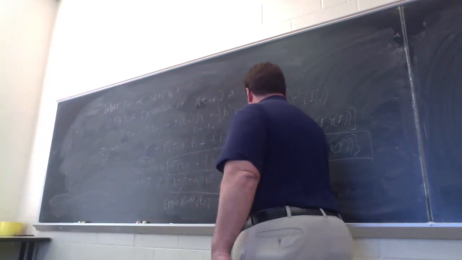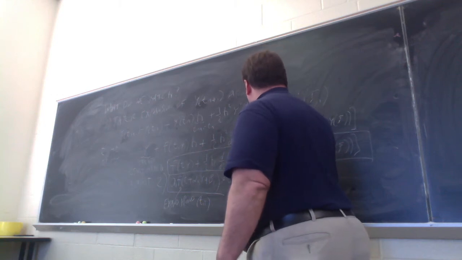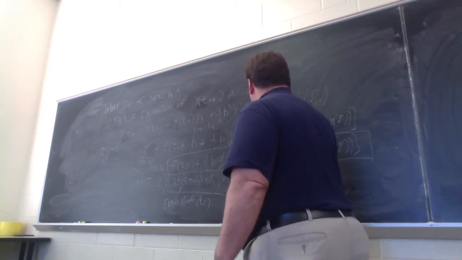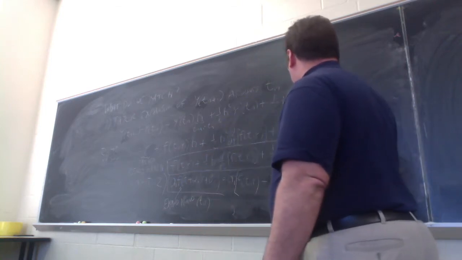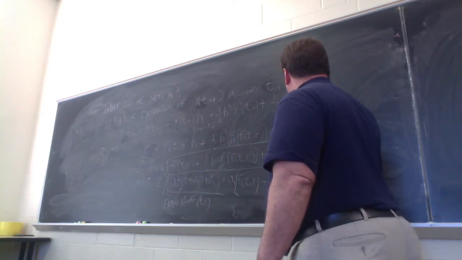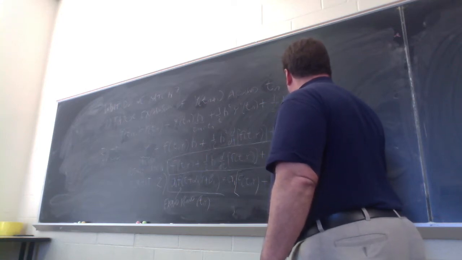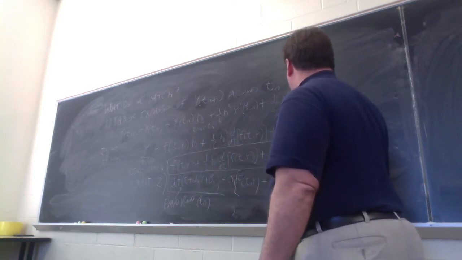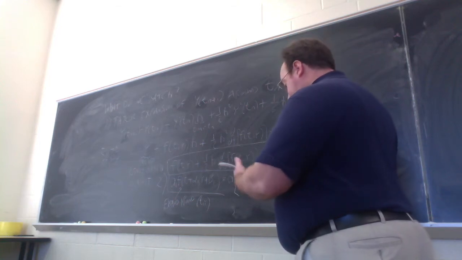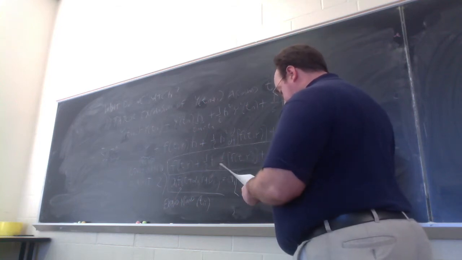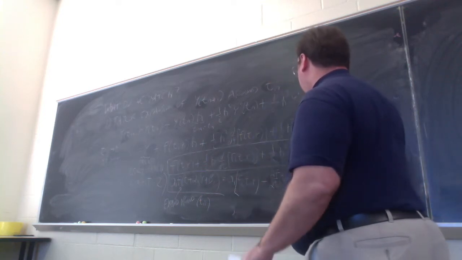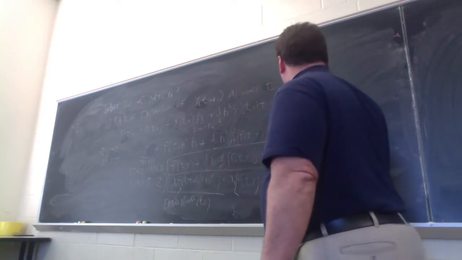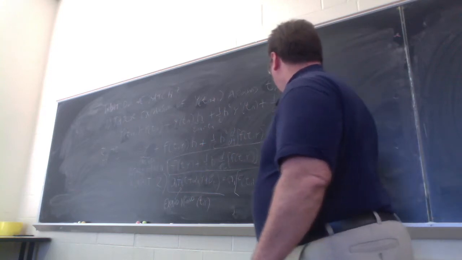Plus partial of f with respect to t times a change in t, which is just h, plus partial with respect to y times the change in y, which is just going to be, well, what is my change in y? It's beta 1.